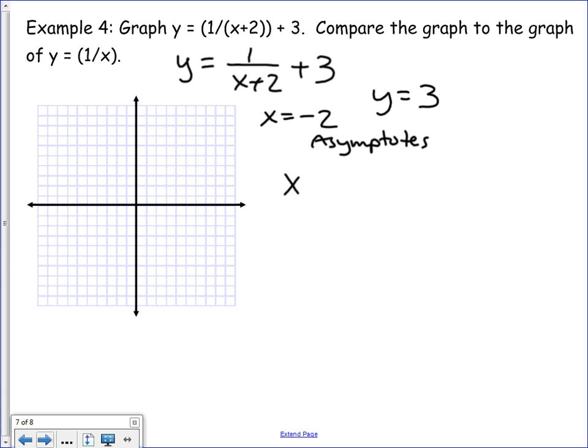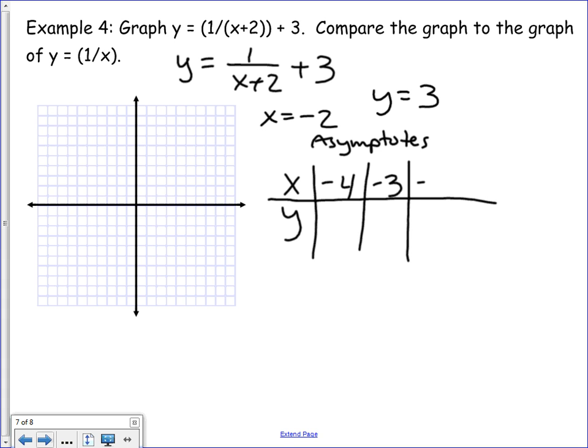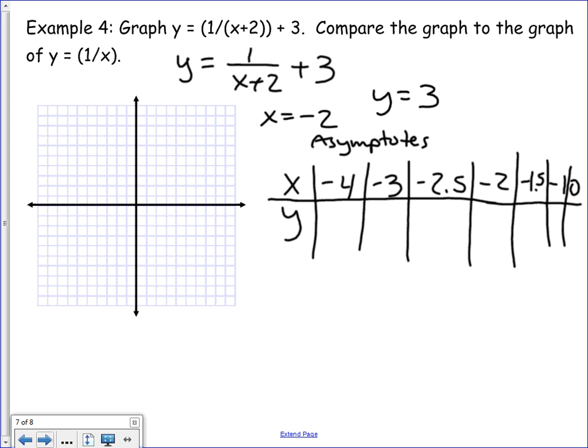So x and y, and let's do -4, -3, -2.5, -2. And then we'll continue on that pattern. Okay, -1.5, -1, and 0. All right, very good.